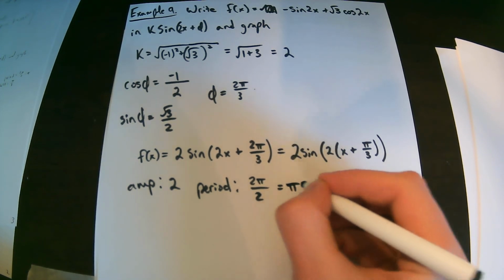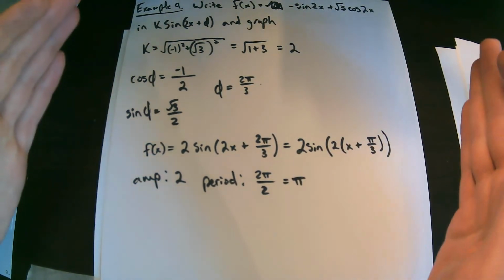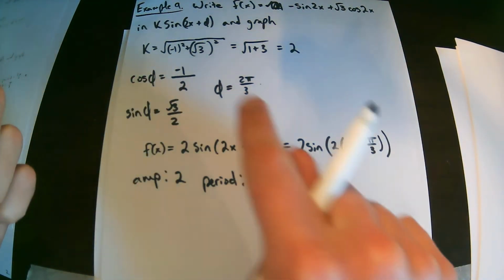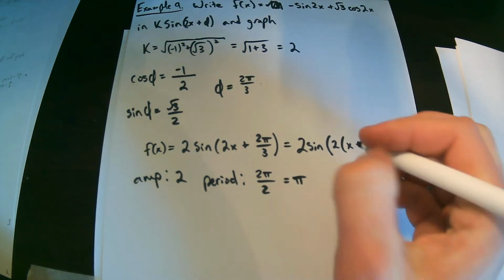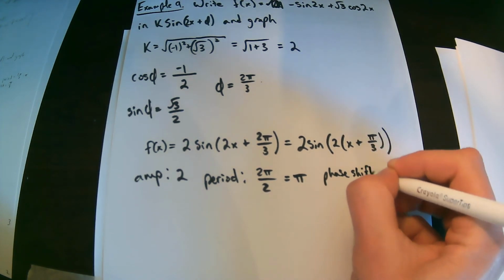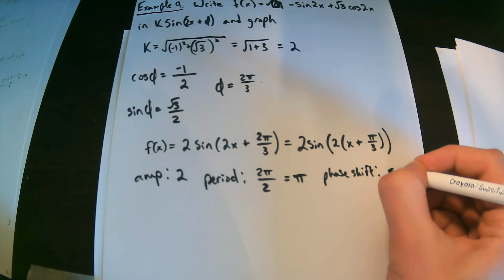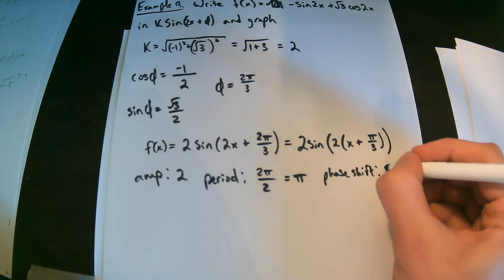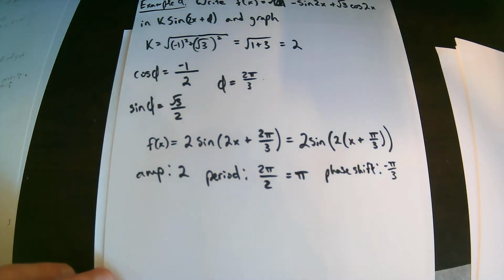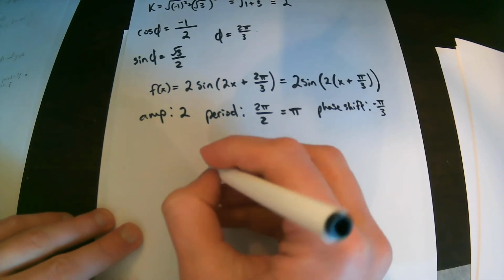So that's giving me a period of pi, so that means my graph is squished. The period of sine is usually a full 2 pi, but now it's squished to half of that. And then my phase shift is pi on 3 to the left, so I'll say negative pi on 3. So I want to graph this.